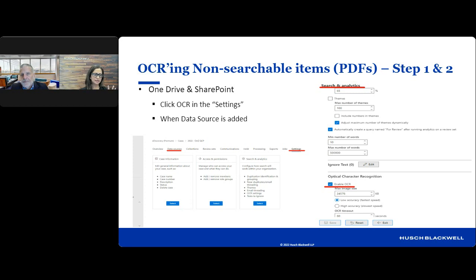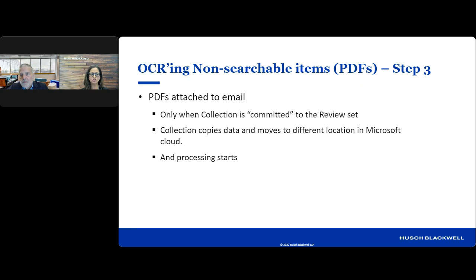The second thing is as you add data sources. When you add the data source, that means your OneDrive and your SharePoint documents, when you create your first collection, are already being OCR'd. However, and this is what I didn't realize till later, the PDFs that are attached to your email are not OCR'd just because I clicked that setting.